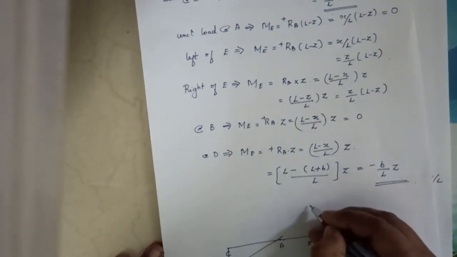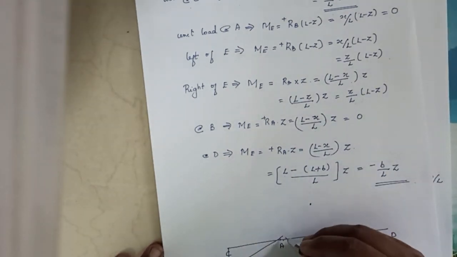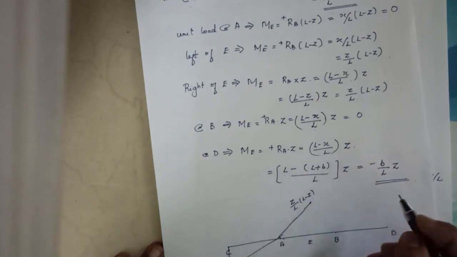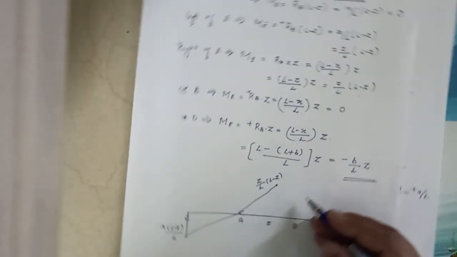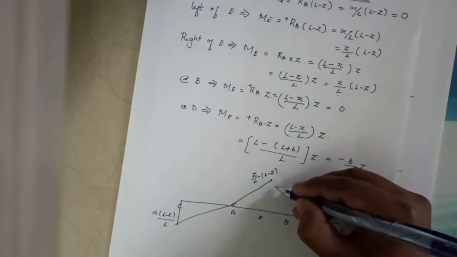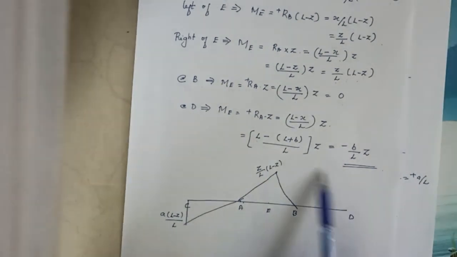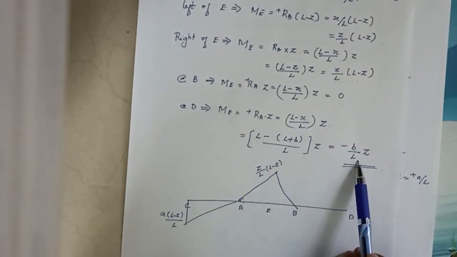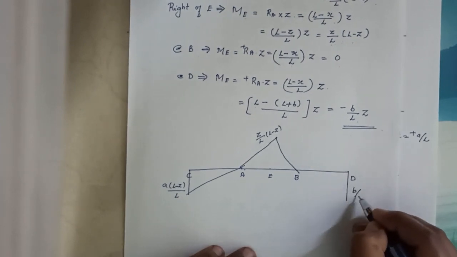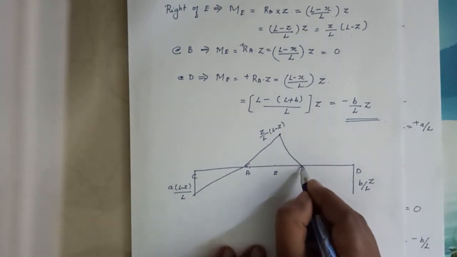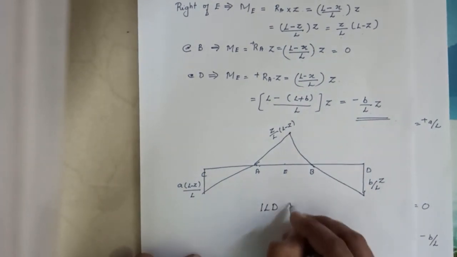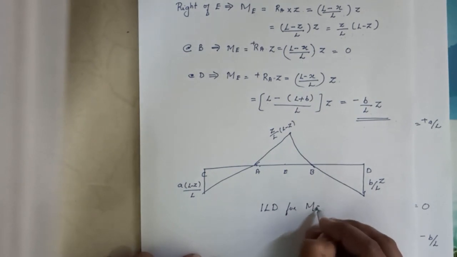So this is the point. Left of the section, it is equal to Z by L into (L minus Z). Right of the section also same value. So then at B the value is equal to 0. At D it is equal to minus B by L into Z. This is downward direction. B by L into Z. Join the values. So this is the influence line diagram for the moment at this section E.